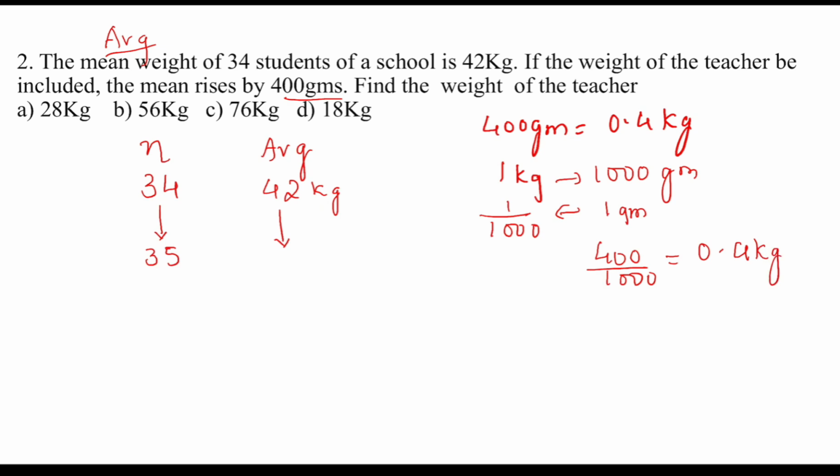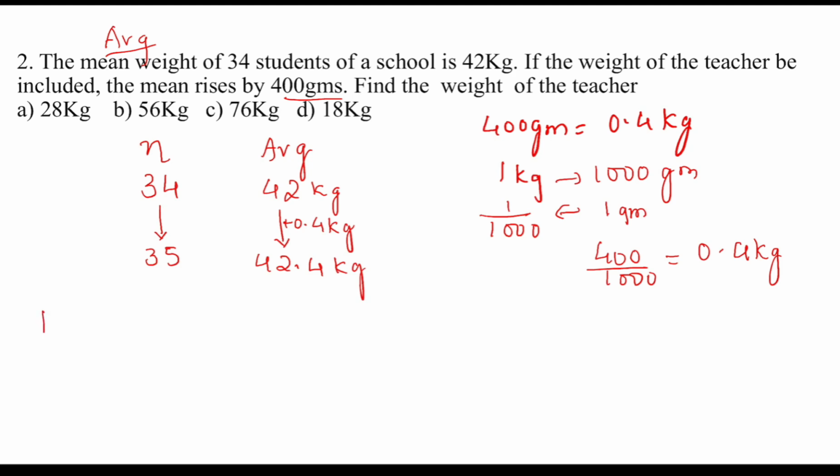So the average will increase by 400 grams, which is 0.4 kg. So the new average will become 42.4 kg when the teacher's weight is included. Find the weight of the teacher, they are saying.